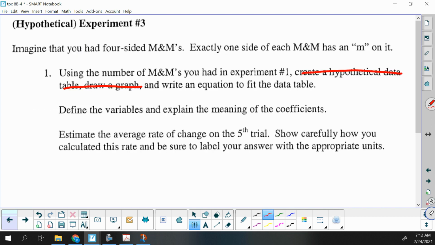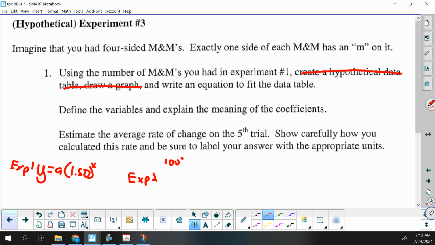So you need to think about a hypothetical 4-sided M&M. Well, remember in experiment 1, we said hypothetically an M&M should be added 50% of the time. So we had y equals our a value, and hypothetically it would have been 1.50 because we were going up by 50% each time. And in experiment 2, there was a 50% chance we took the M&M away.